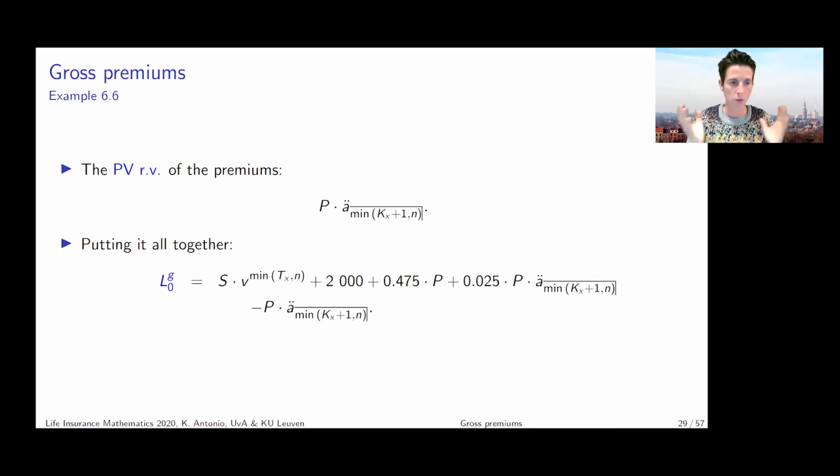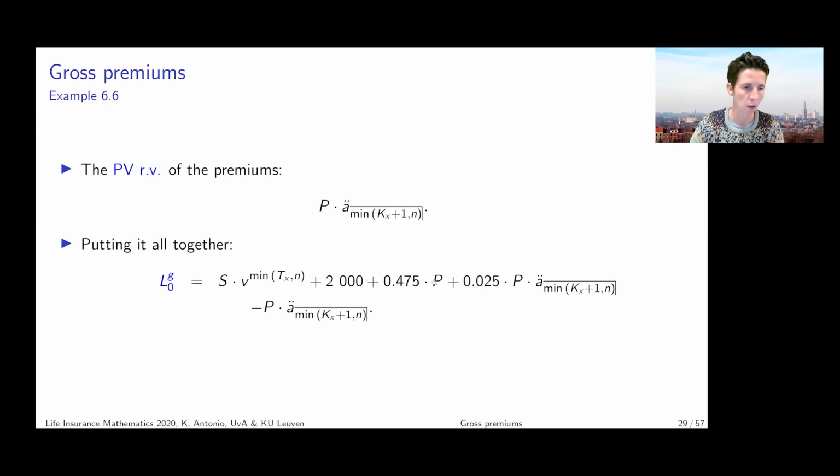Last step, calculate the expected value of this random variable, put the expected value equal to 0, and solve for P. And as you may notice here, because the expenses are dependent on the premium to be charged, right? The solving for P becomes a little bit more complicated here compared to what we did in earlier exercises.